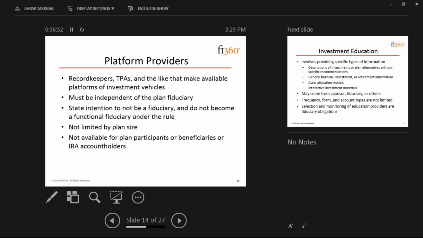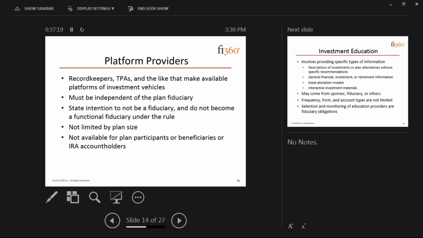So the platform providers, at least some of them under the new rule, are going to need to be careful, because there are those who, record keepers, for example, who are engaging clients that are on the platform, and there's not an advisor in between them, and they're doing things like, and I've had calls at FI 360 along these lines.